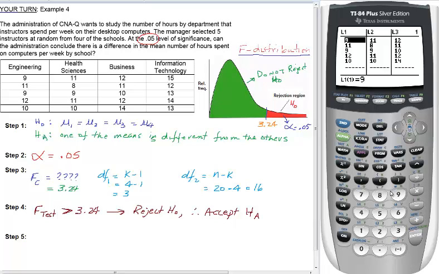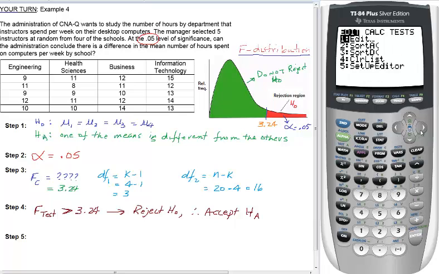Now we run the ANOVA test, which is stat, go to tests, and ANOVA is the very last one, H. And you have to tell it where the data is and how many you're testing. In this case, 4. So second function, list 1, comma, second list 2, comma, second list 3, comma, second list 4, which is above 4. Okay, enter.